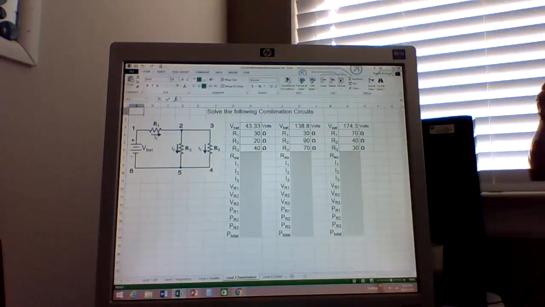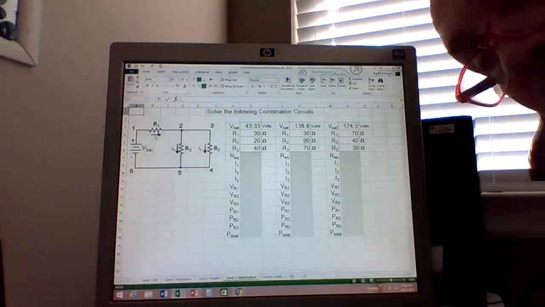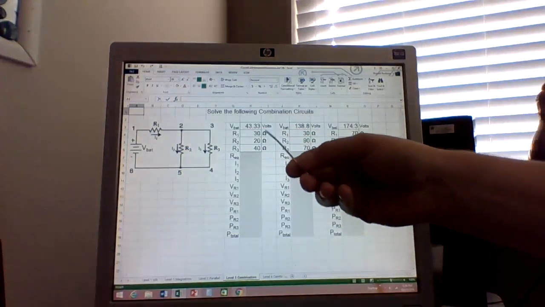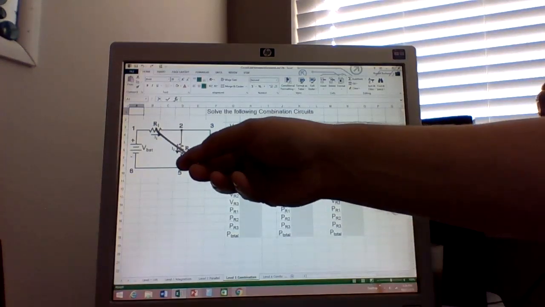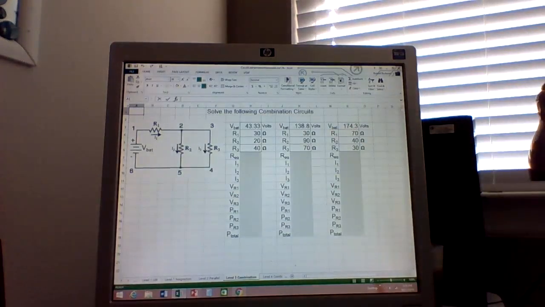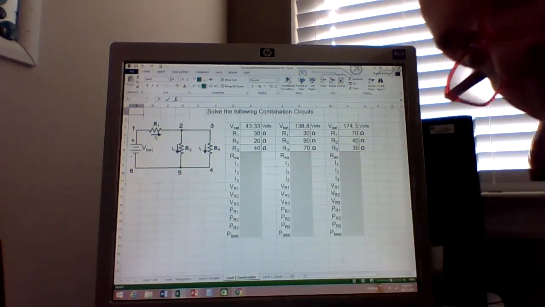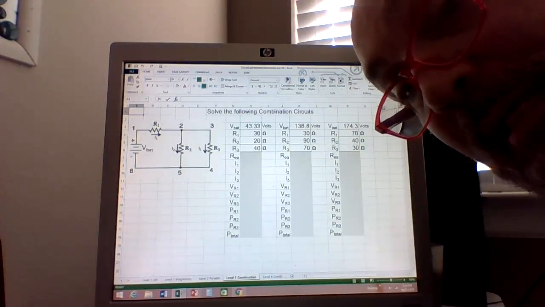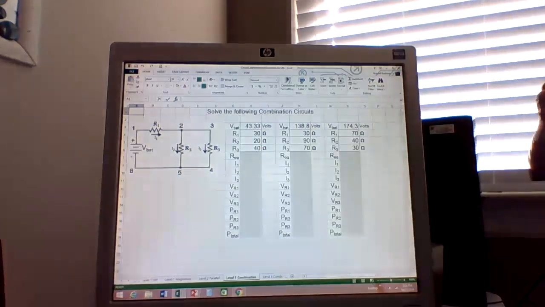Okay, Mr. Katz guesses 30. Okay, so if I've got 1 amp going across a 30 ohm resistor, V equals IR is equal to 30 times 1, which is 30 volts. Very good. And by the way, I appreciate, Mr. Katz, you adding in the voltage.